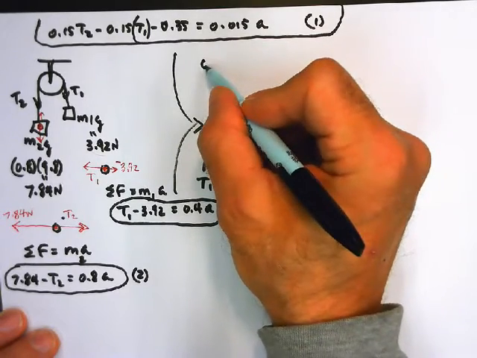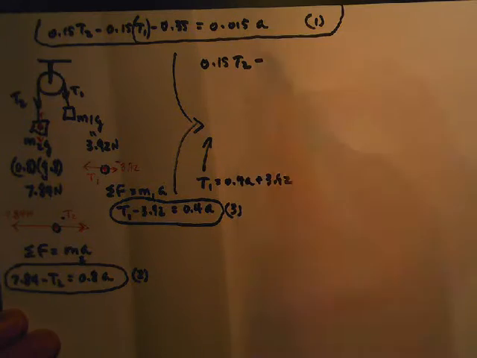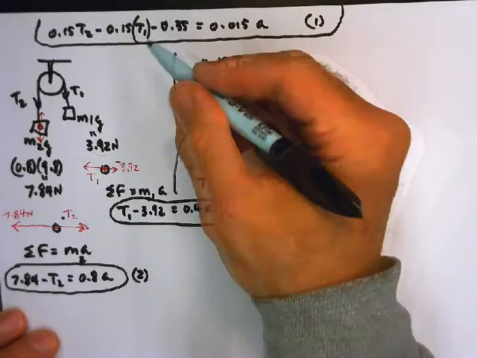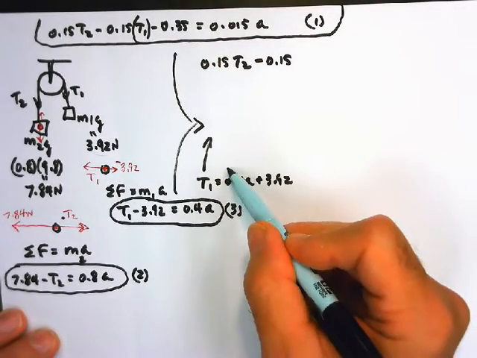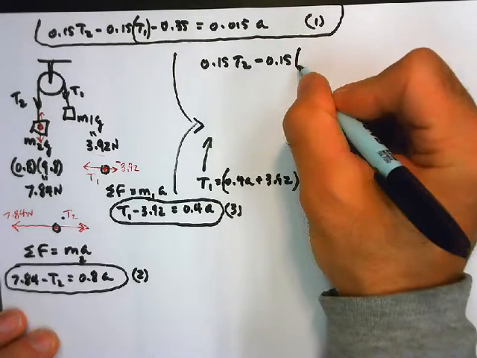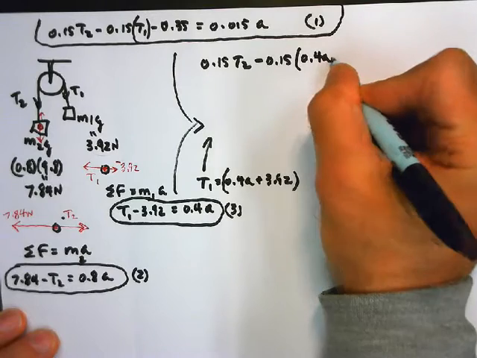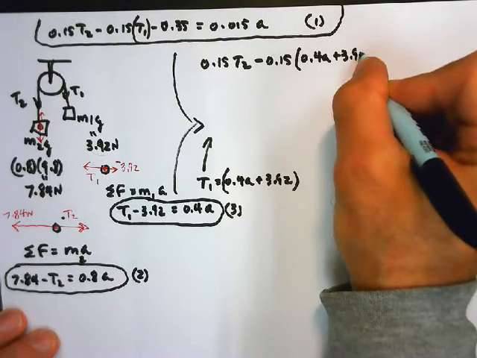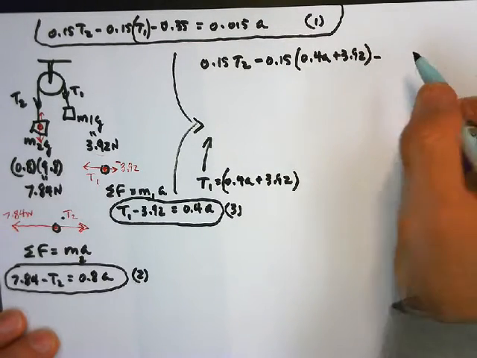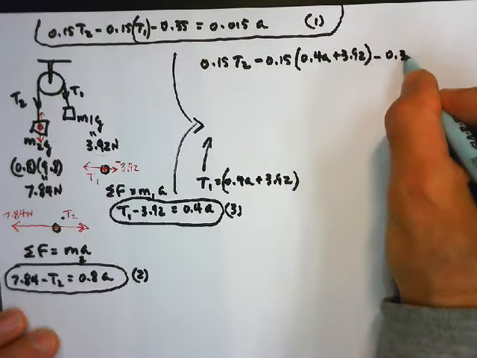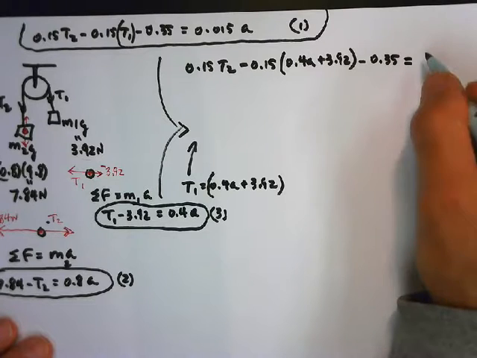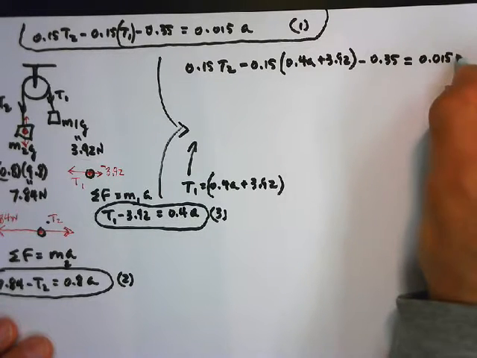And so we get 0.15 T2 minus 0.15 times T1, but T1 is equal to this, so it would be times 0.4a plus 3.92, that's T1 right there, minus 0.35, which is that torque due to the bearing friction, equals 0.015a.